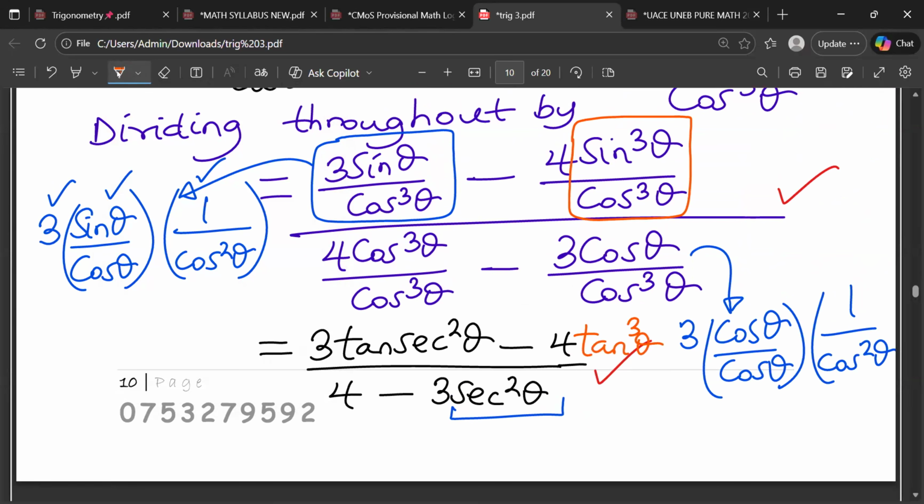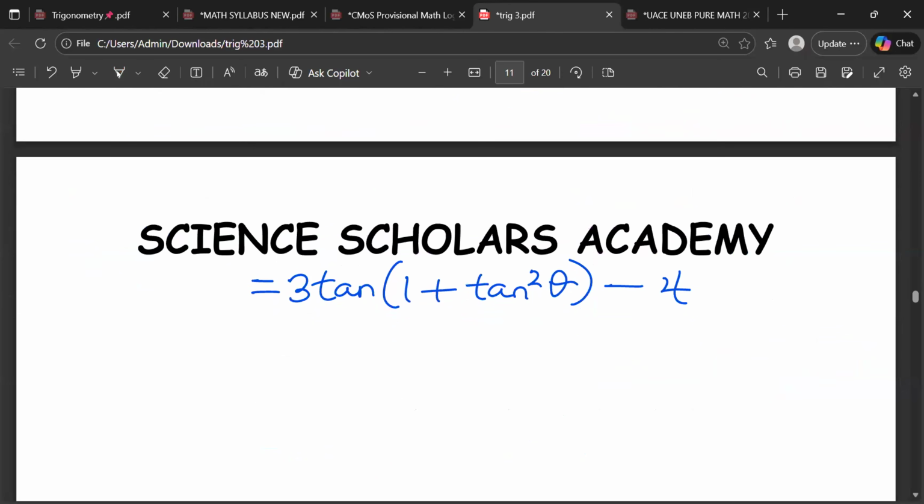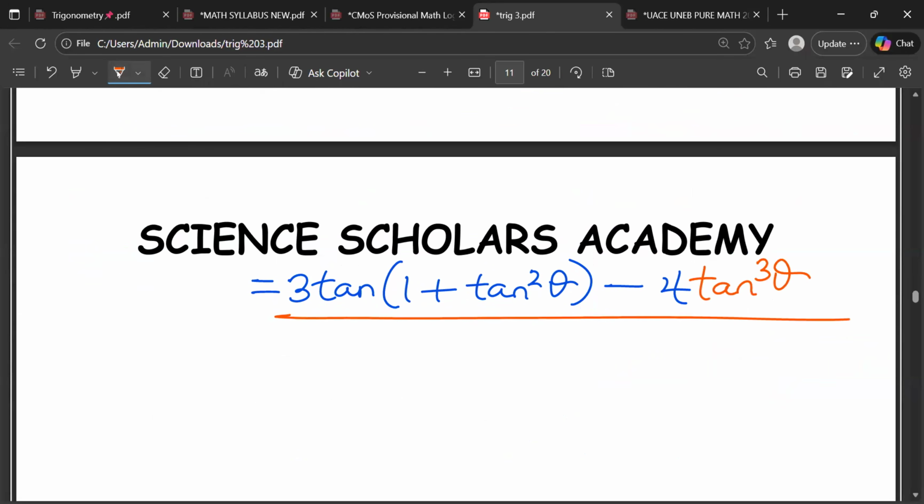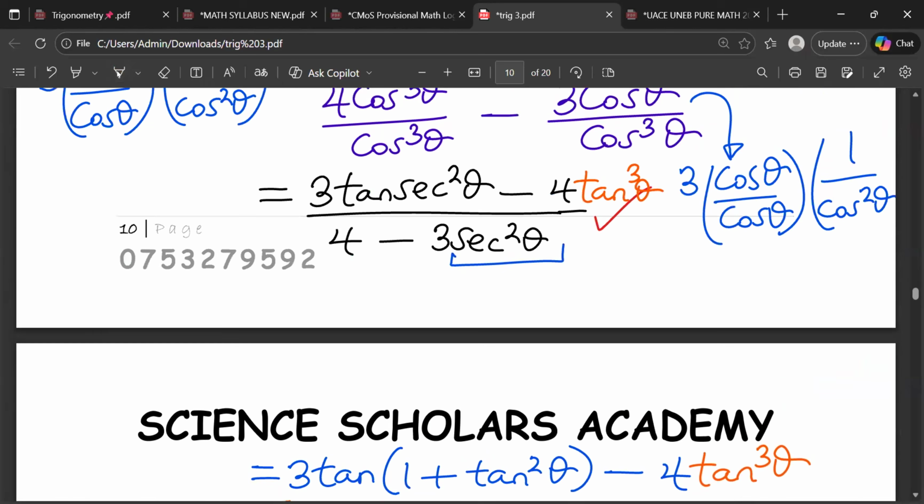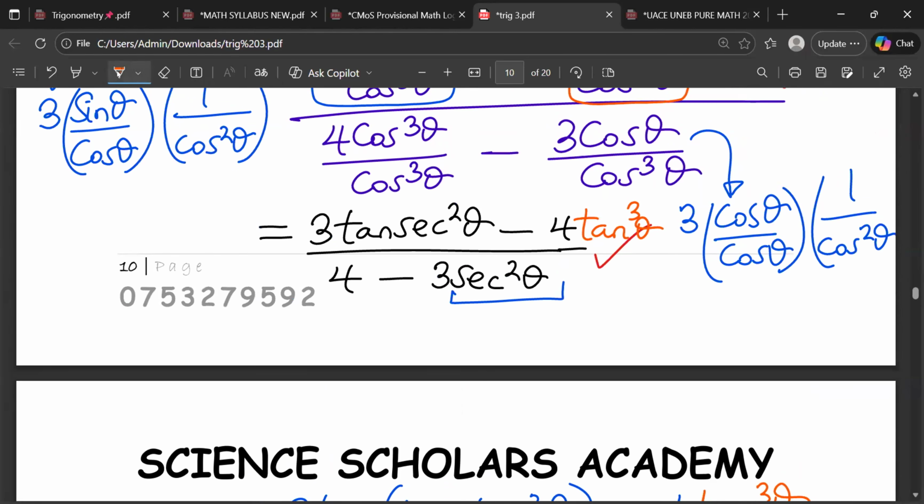Tan cubed theta. So we shall come and then say 1 over, like that, then down. Do you see that these two cancel? This one cancels with that one. You only remain with 4. Yes.